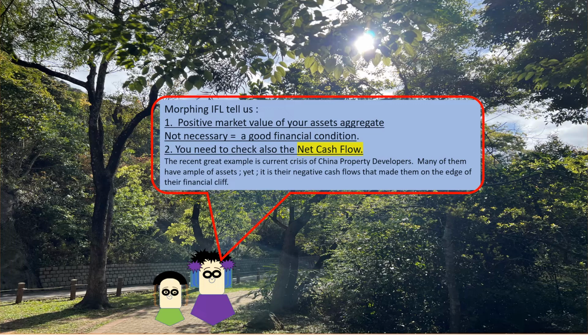A recent great example is the current debt crisis of the China property developers. A lot of them have a lot of assets, but because their cash flow is negative, they have problems paying their recent debts, which puts them on the edge of bankruptcy.